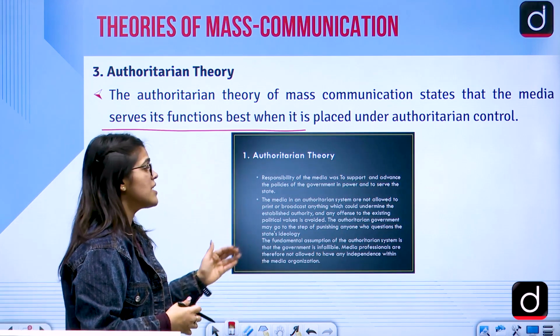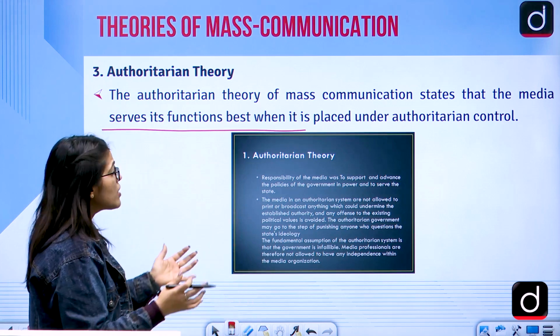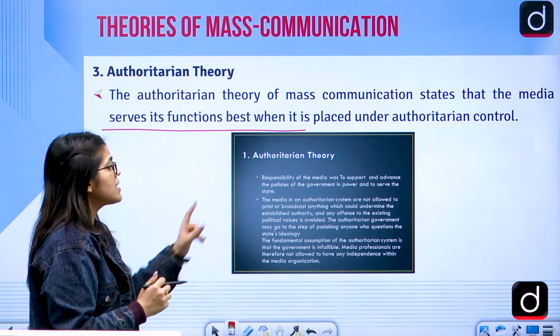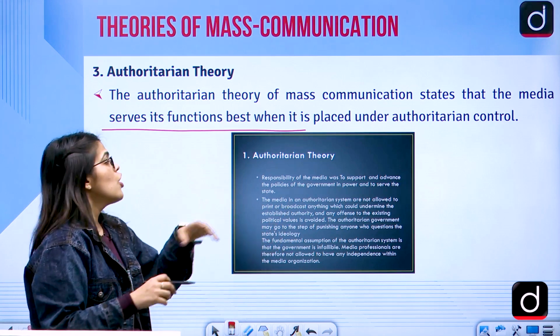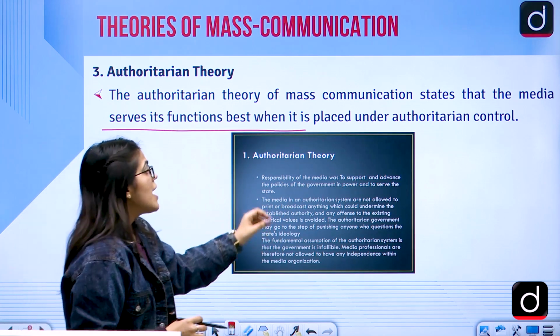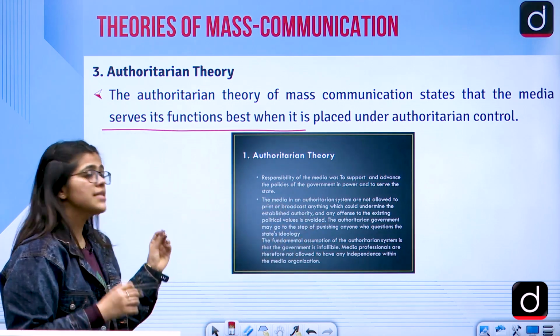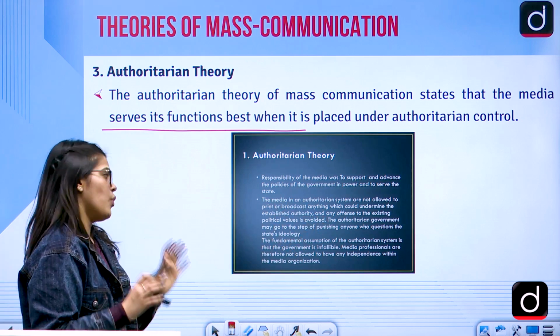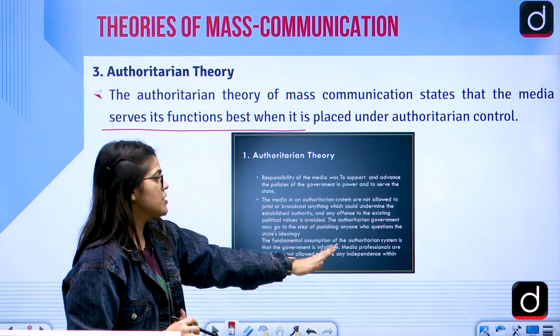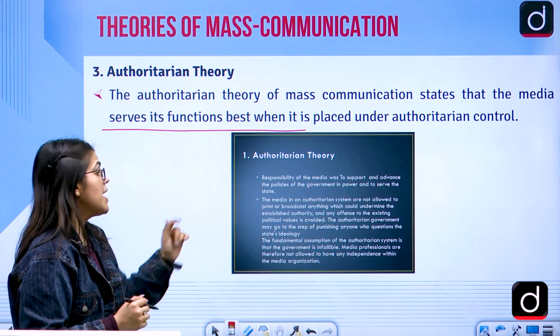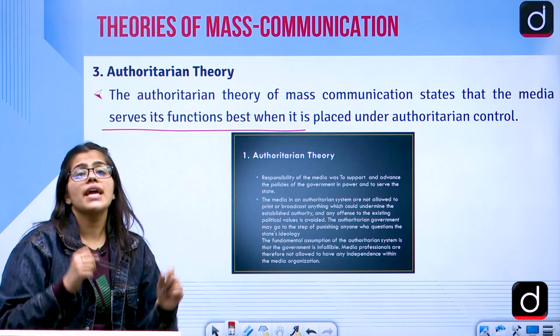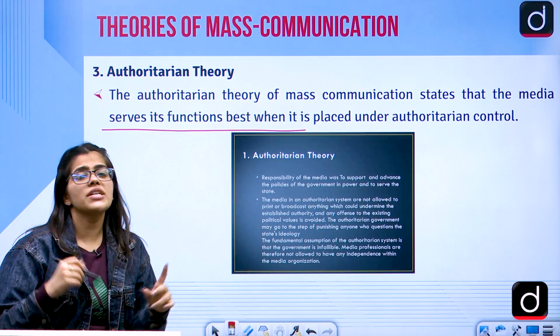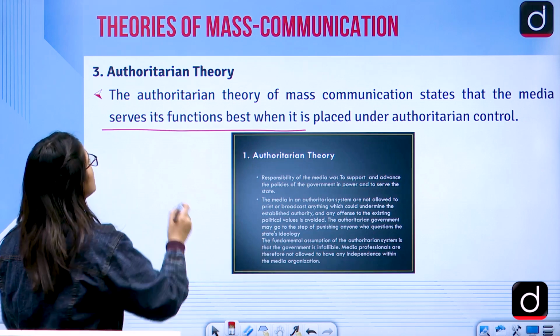The media is an authoritarian system and is not allowed to print or broadcast anything that can undermine whoever is in authority. Any offense to the existing political views is avoided here. The fundamental assumption of the authoritarian system is that the government is infallible. That means the government is not doing anything wrong and they will support it.